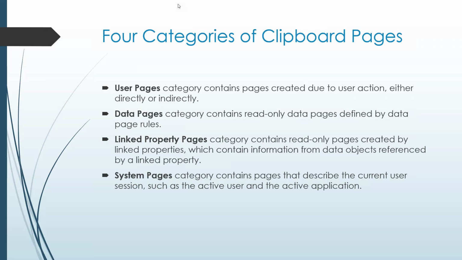To give you a simple example, when I open my banking portal to check my balance, the balance has to be a read-only field, correct? It should not be editable. So if you try to get this data into your application, it would be under the data pages category. It will typically be read-only information.